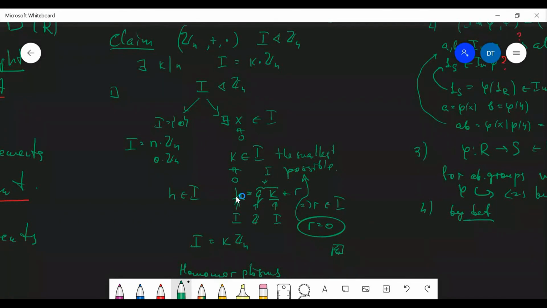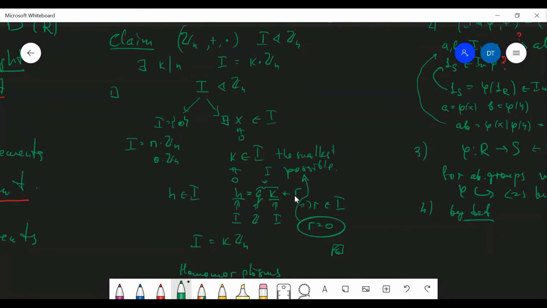Okay. So, let's take an arbitrary element h from I, and let's divide as an integer number h by k with remainder. So this is a division with remainder. Then what was here is just some explanation saying that then the remainder must also be inside I. So let's skip this for a while.